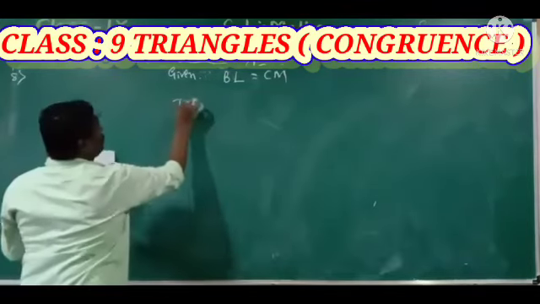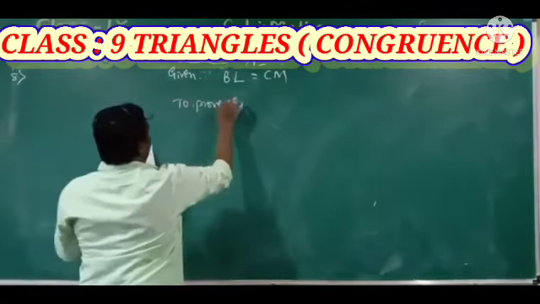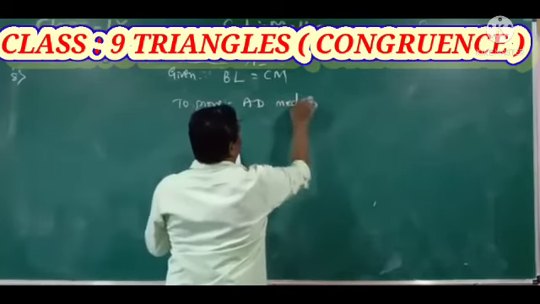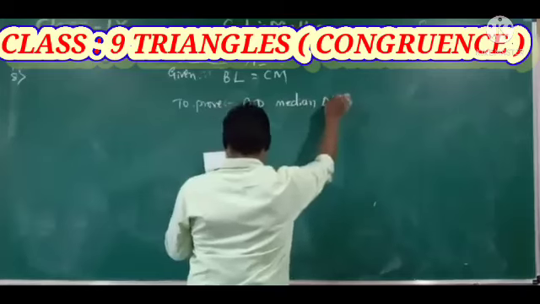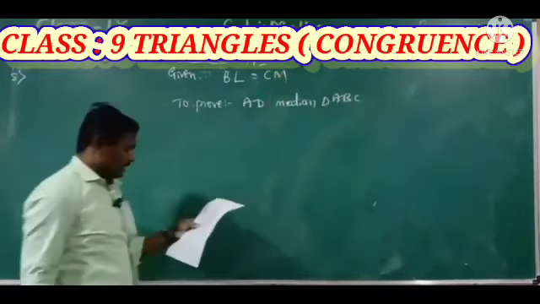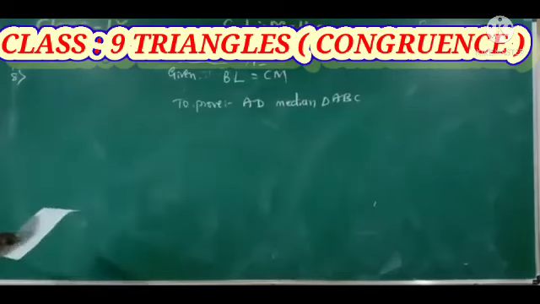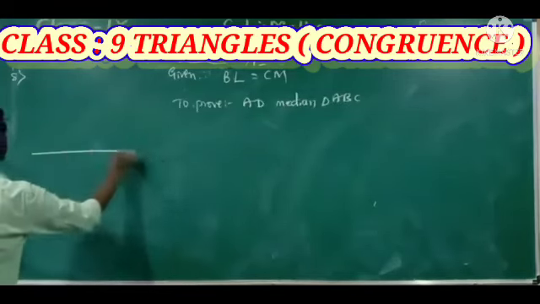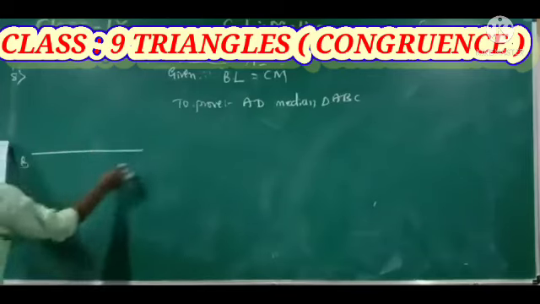What you need to prove? You need to prove that AD is the median of the triangle ABC. So the figure is like this. BC is the one line.